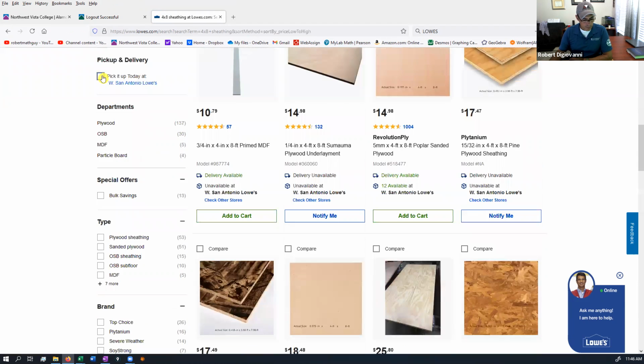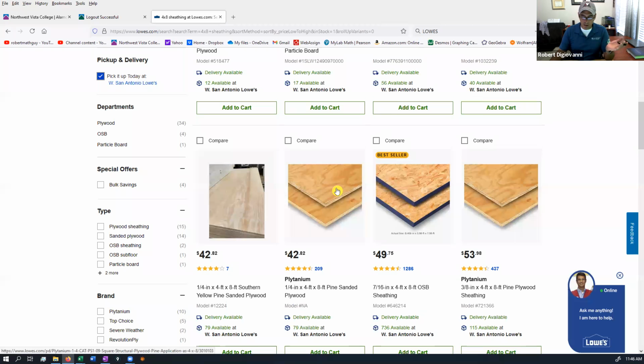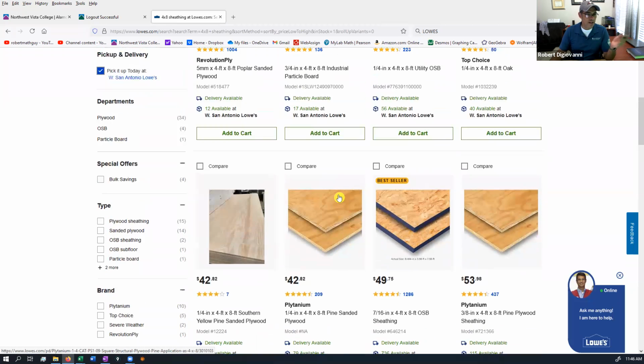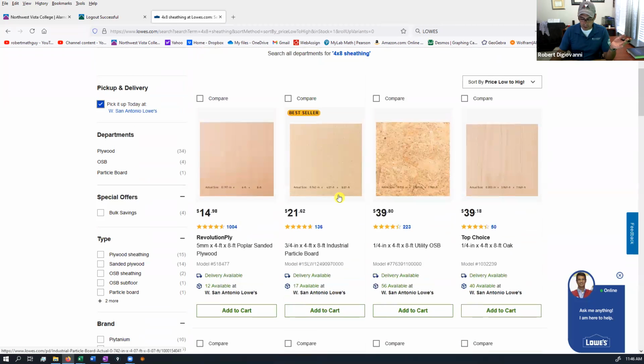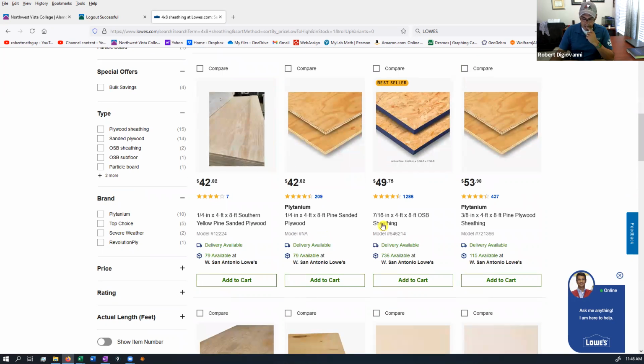I'm only doing this just to show you real world stuff instead of me just doing stupid examples all day. I guess we could go with this one. This is not good. That's plywood. It needed sheathing. So this looks like it's the cheapest one, $49.75.